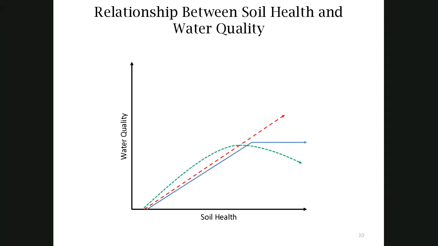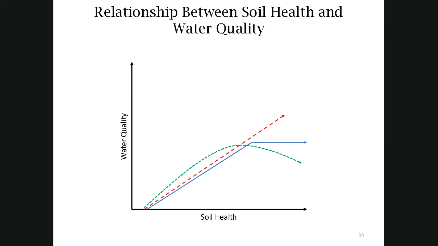So the general idea would be this, right? We have soil health on the x-axis, and then water quality on the vertical axis. And I have there three proposed responses, if you will. The idea is that as we increase soil health, we should improve water quality. Is it a linear relationship, a linear plateau, or a quadratic type function?